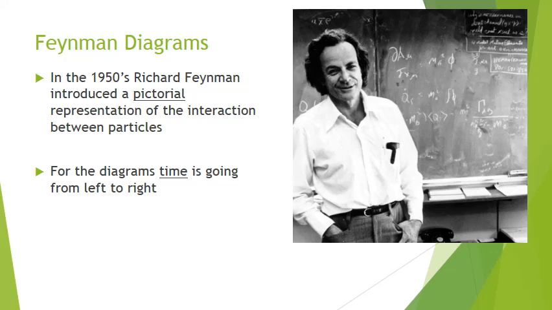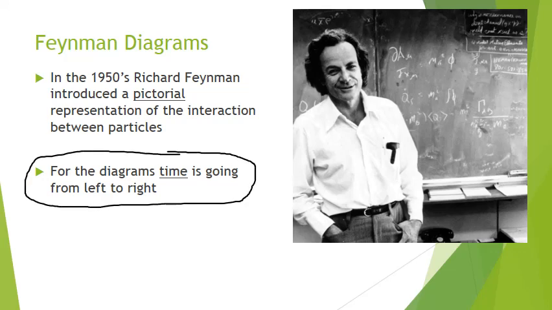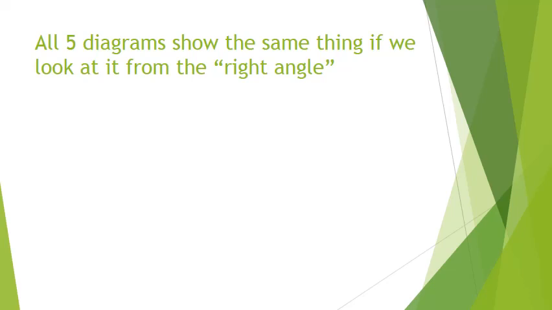Now, these diagrams are very helpful. They can get quite complex, and so we're just going to look at the very basics of it. Now, for the diagrams that you're going to see here, time is going from left to right, and so you'll see that here.